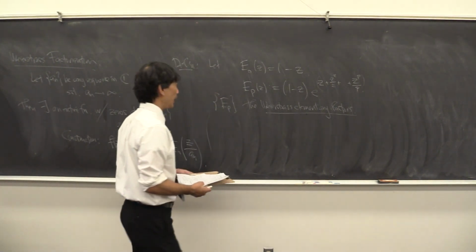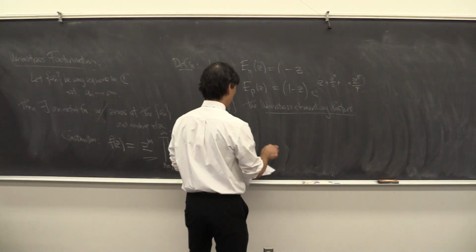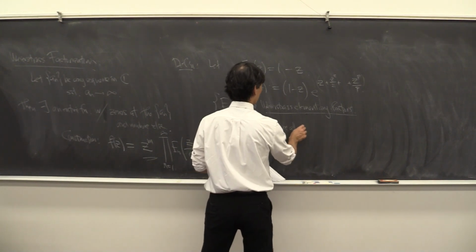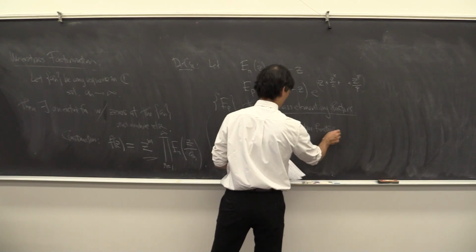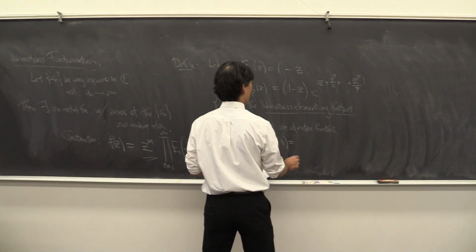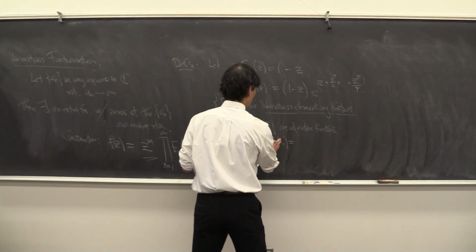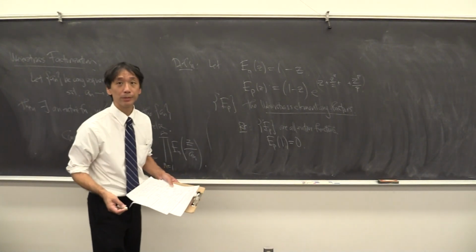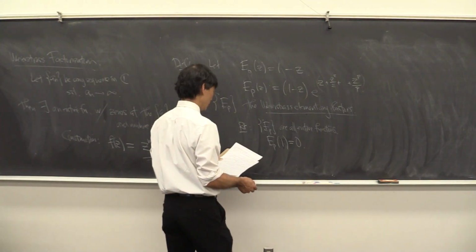Notice that these E sub P are all entire functions. At 1, they take the value 0, so they all have zeros at 1, of order 1.